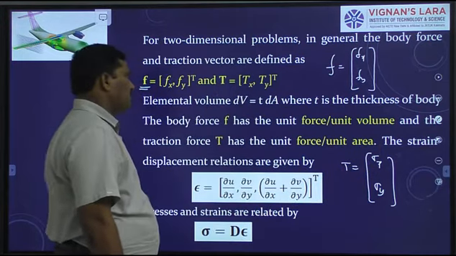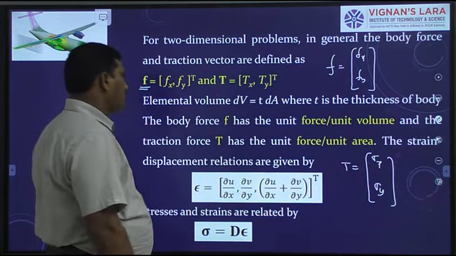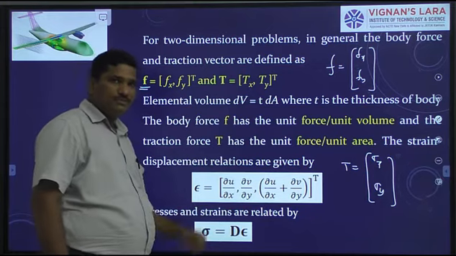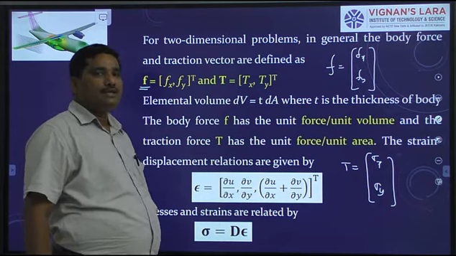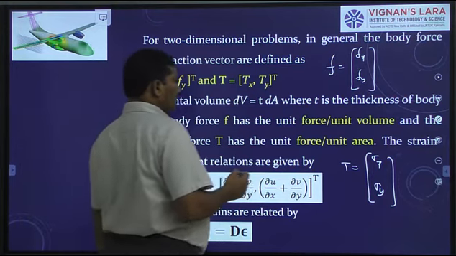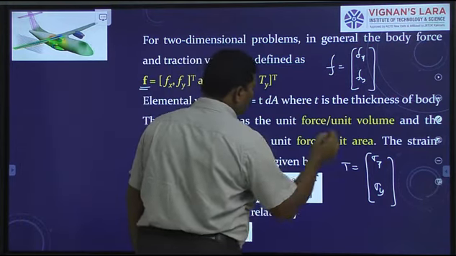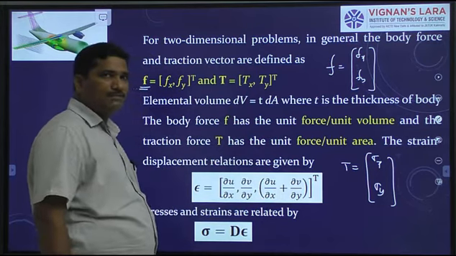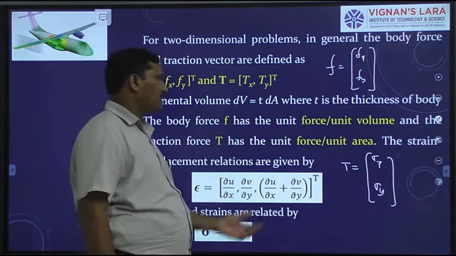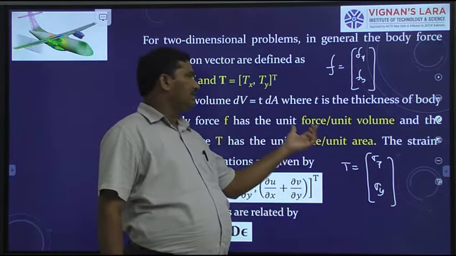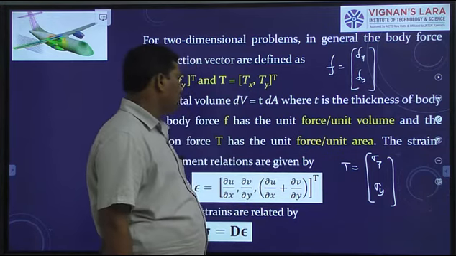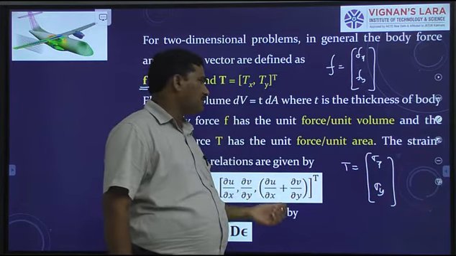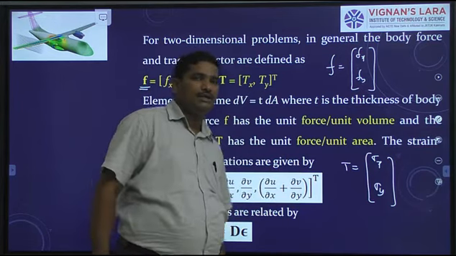Now, as I said, F is the force per unit volume and traction T is the force per unit area. Therefore, for the body force vector we get the unit of force per unit volume, and similarly for traction we get the force per unit area.